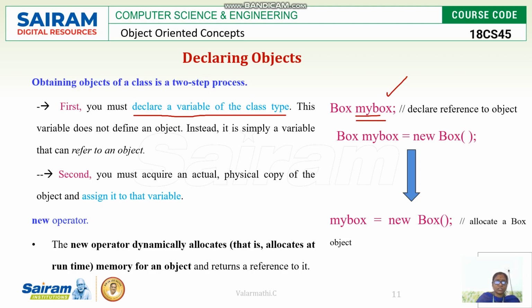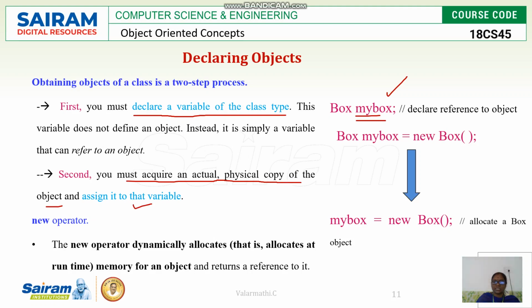This variable is not a normal variable, it is an object reference. The next step is obtaining the actual object. So the first one is we have to declare a variable of the class. The second one is we must acquire an actual physical copy of an object by assigning it to that variable.